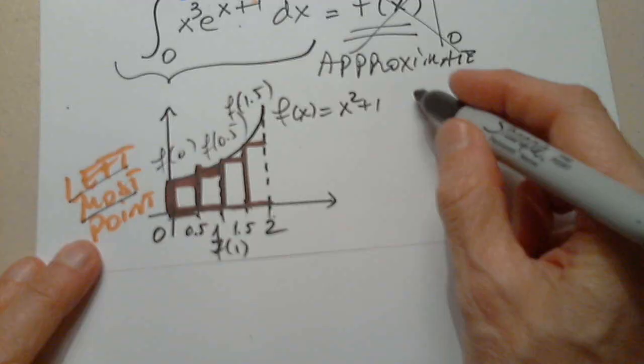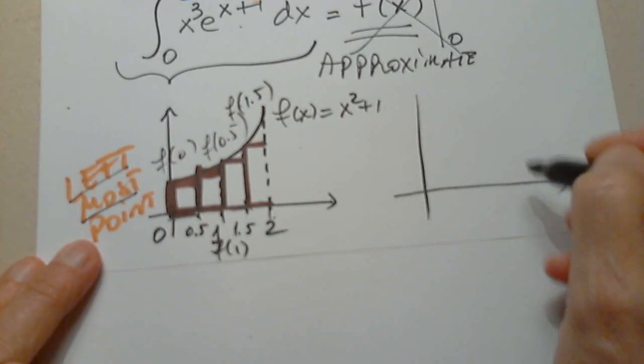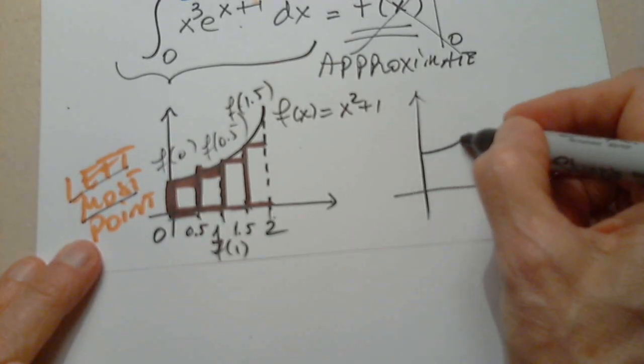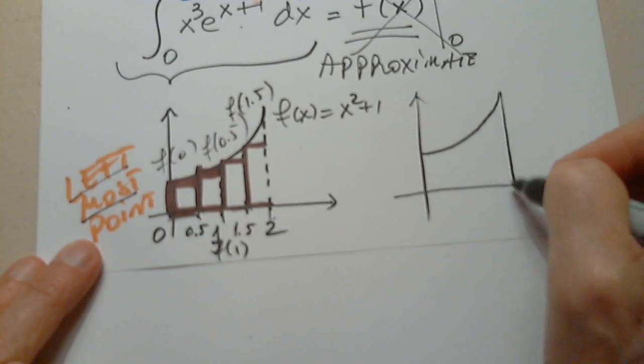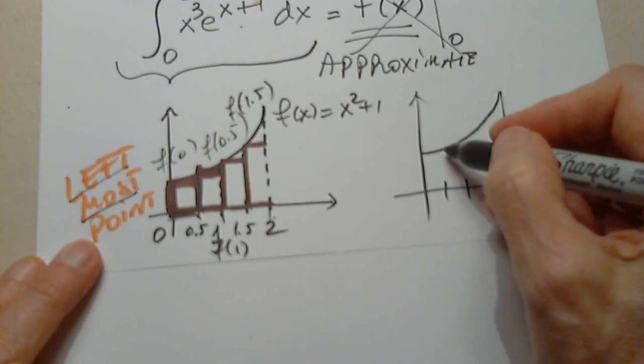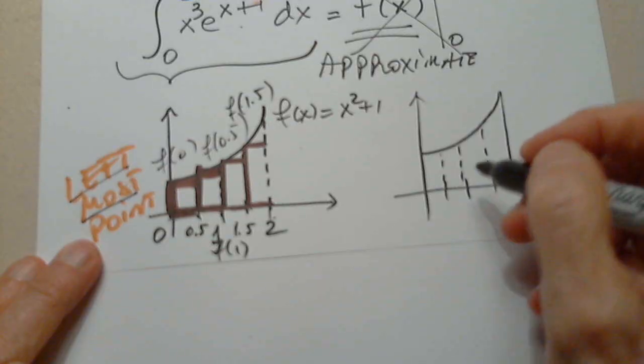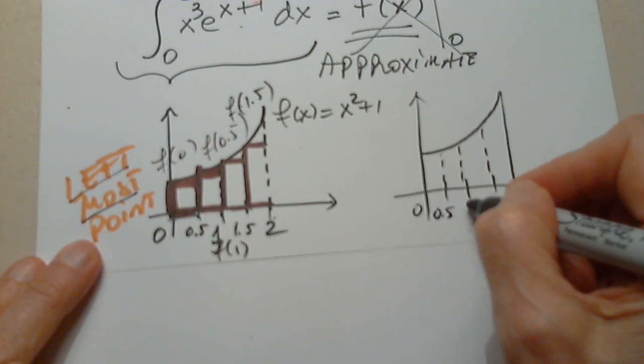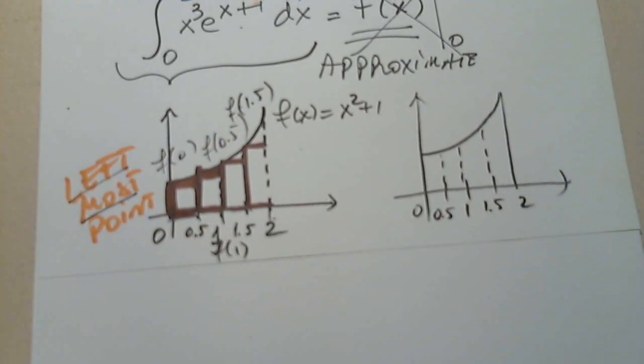I can also use the rightmost point. Still 0, still 0.5, 1, 1.5, and 2. They are equal pieces. How do I show that? Okay, here it is.